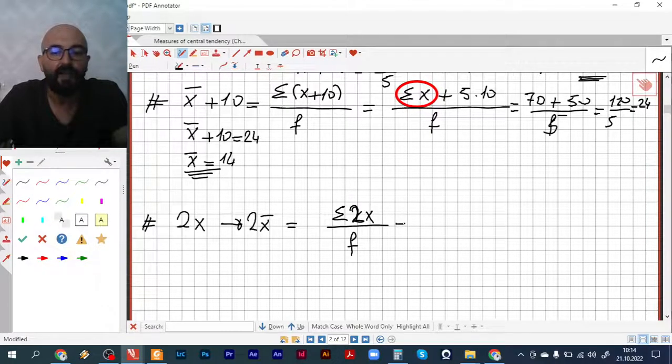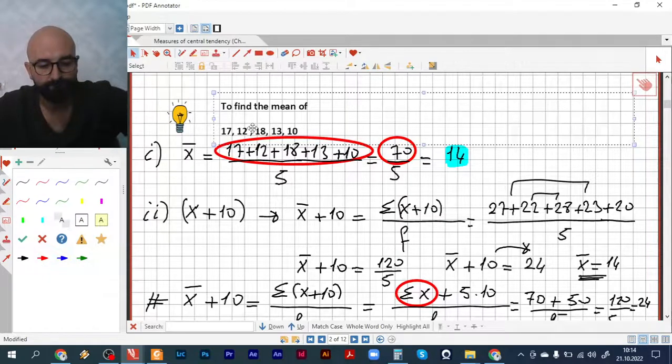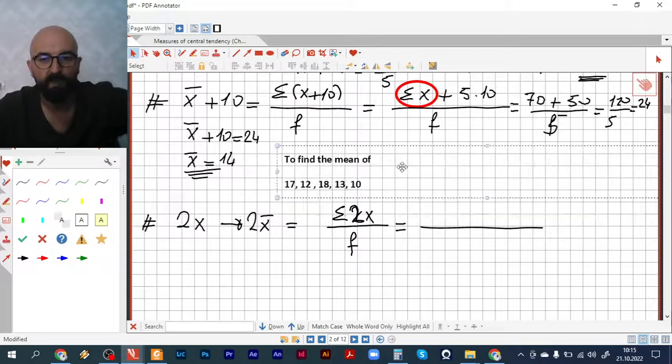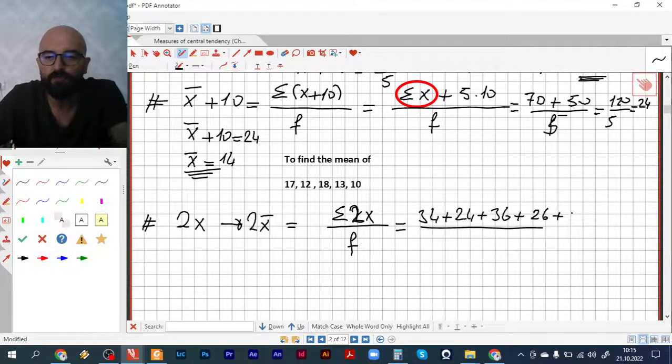Okay, and in this situation, for example, I want to use these numbers. We have 2 times 17, 34, 2 times 12, 24, 2 times 18, 36, 2 times 13, 26, 2 times 10, 20, over 5.